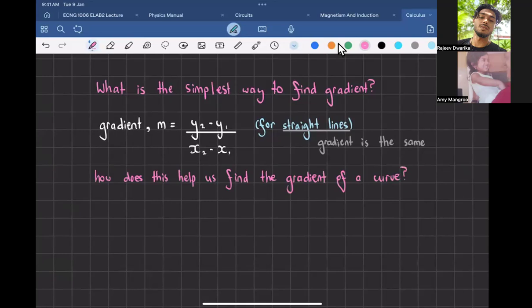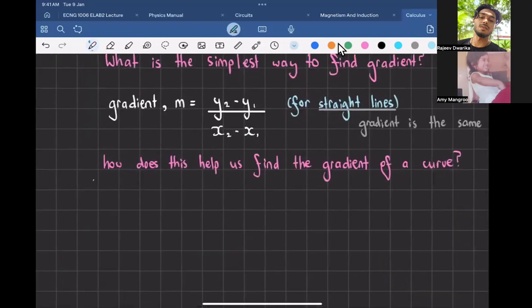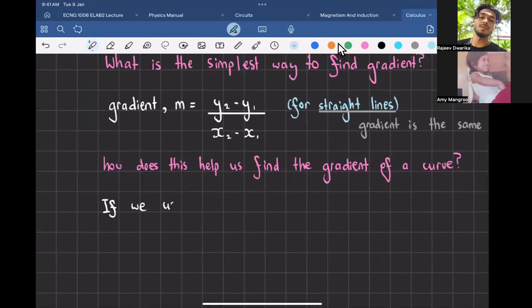How does that help us find the gradient of our curve? Now, if we use the formula above, we will get an estimate.